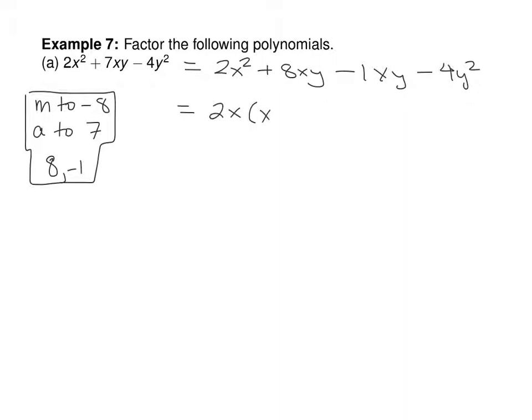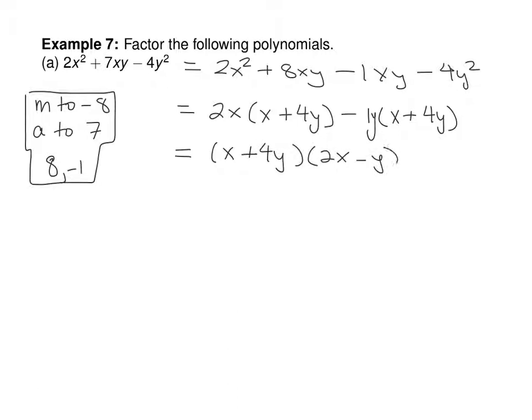We're left with x plus 4y. In the next set of terms, your GCF is negative 1y, excuse me, leaving x plus 4y. And the final factored form is x plus 4y times 2x minus y.